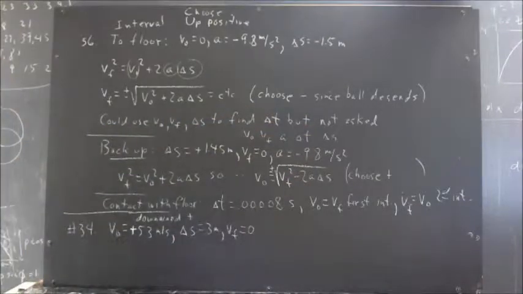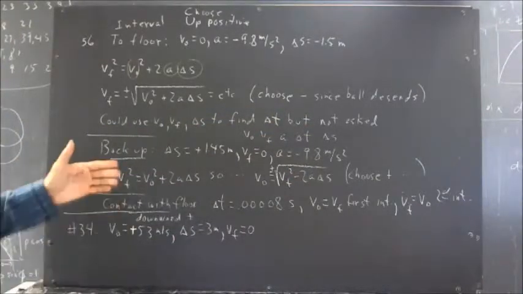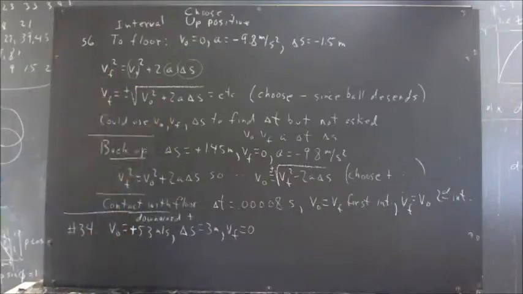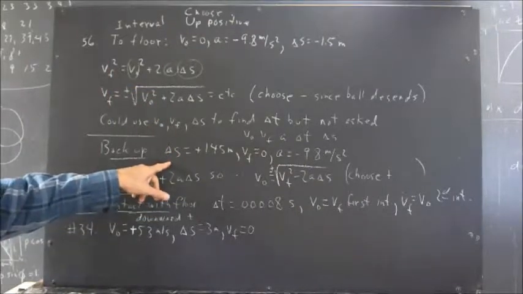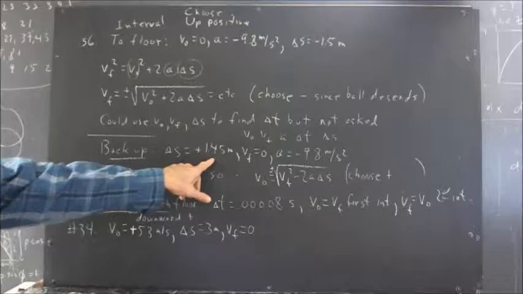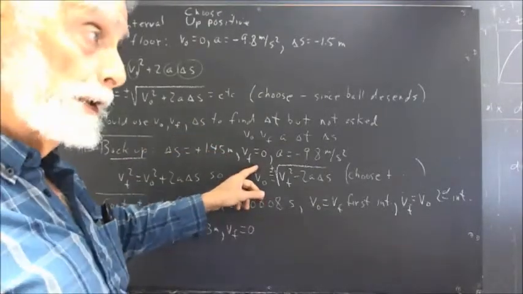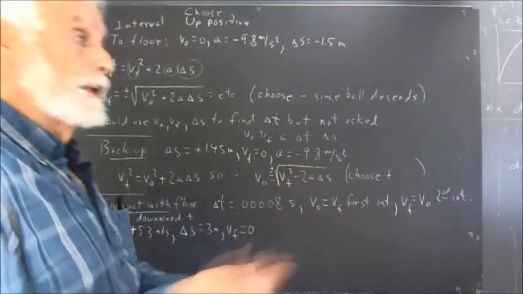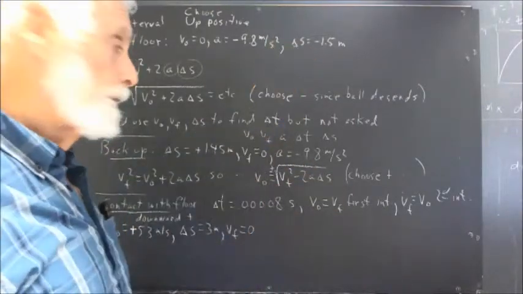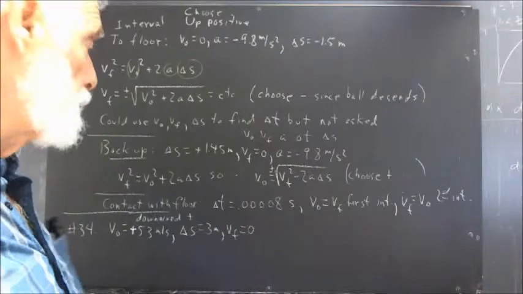Then, when it comes back up, delta S is plus 1.45 meters, and that's pretty obvious. The final velocity is zero because, again, when something rises, it comes to rest at the top for an instant before falling back down.